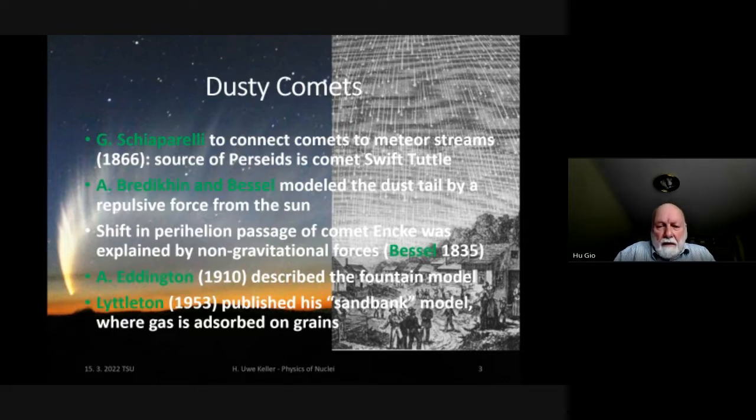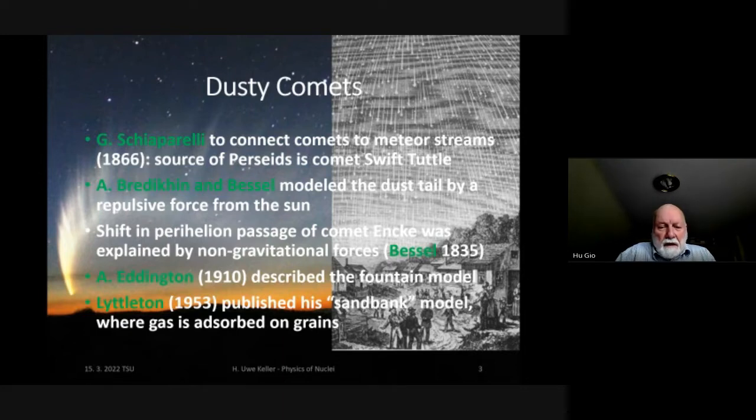Finally, closer investigations of Comet Encke, which has a very short period and can often be observed, found that you need non-gravitational forces to explain the changes in the orbit of the comet. This already indicates that you have to have some kind of body.